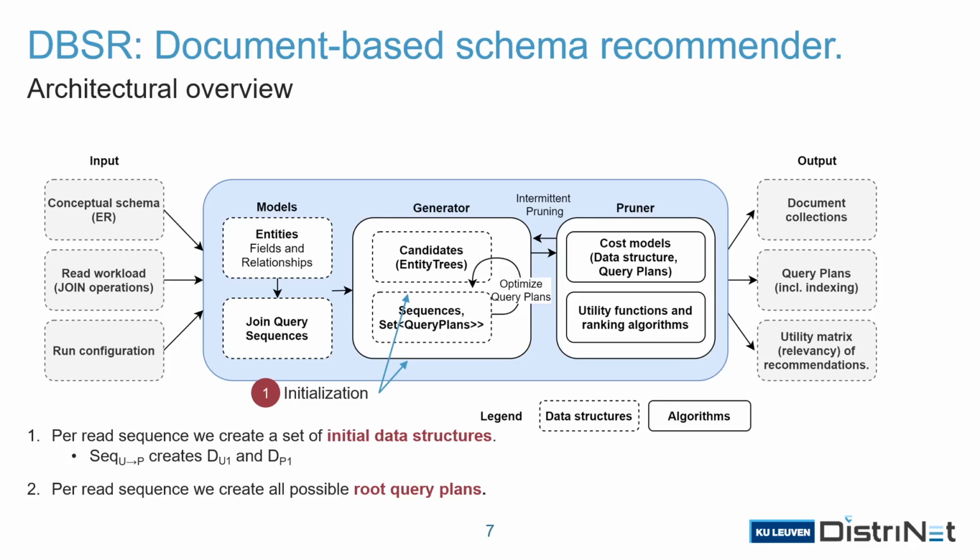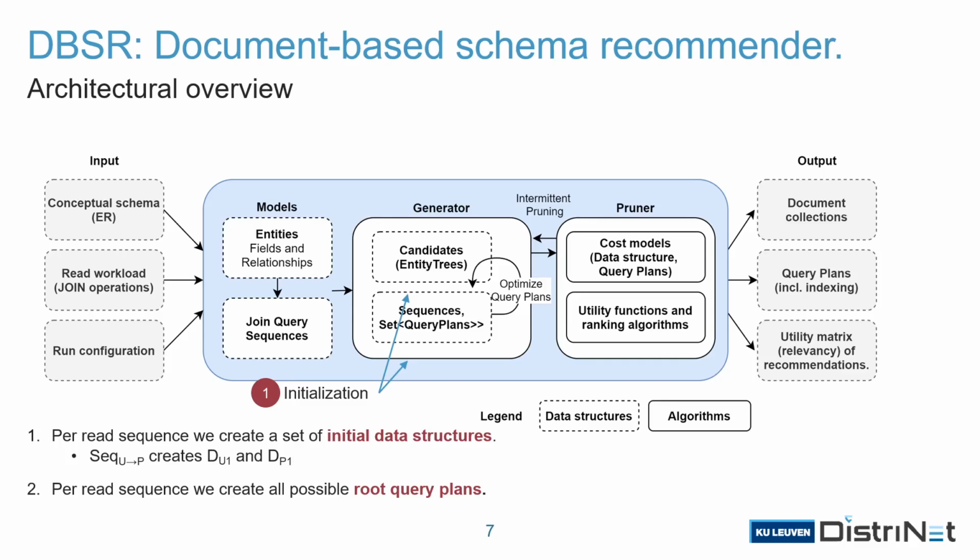For the user query, we will create a document users, and for the product query, a document products, and each document will only contain the attributes that were selected in that specific part of the join query. We do this for each join query, so that we end up with multiple initial normalized document structures.